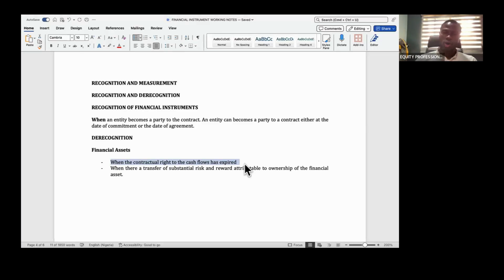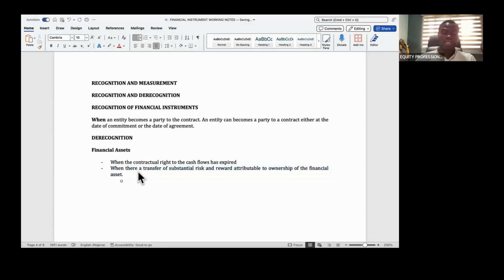You have collected all your cash flows. Then you derecognize it from your books. But not only that. Number two is that there must be a transfer of substantial risk and reward attributable to ownership of that financial asset. When you have transferred risk and reward of that financial asset, then we can say that you can derecognize it.